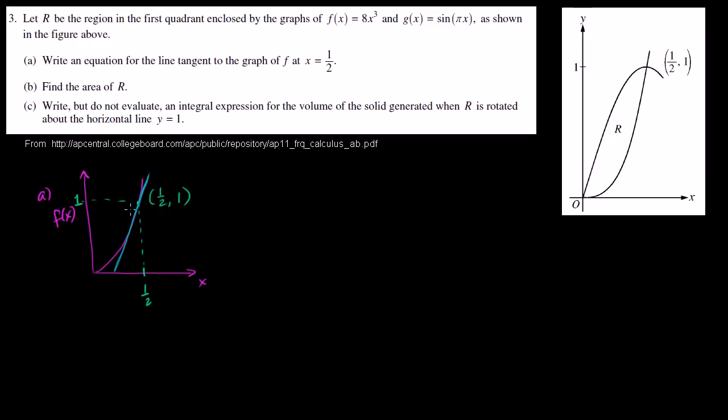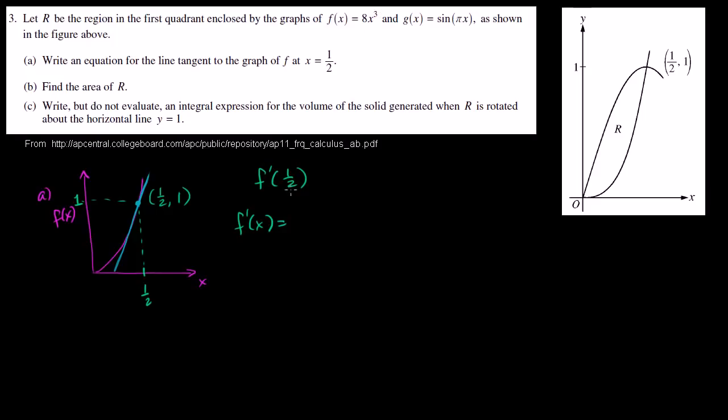So the first part, let's figure out its slope. The slope of the tangent line is going to be the same as the slope of our function at that point. Another way to think about it, it is going to be f prime of 1/2, the derivative evaluated at 1/2. The derivative gives us the slope of that line at any point. So what is f prime of x? F prime of x is just the derivative of this.